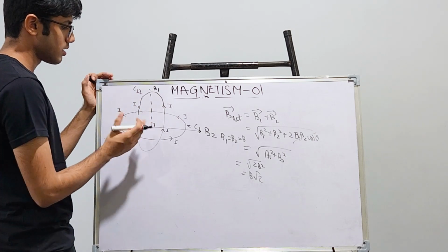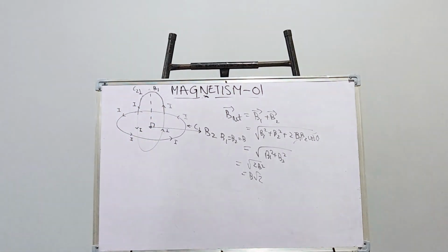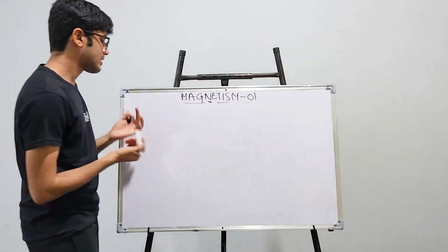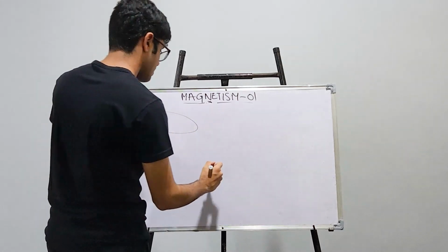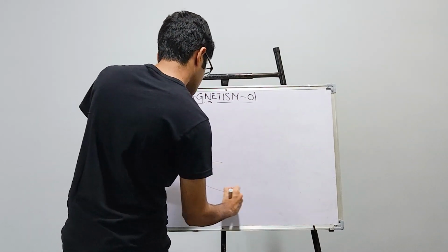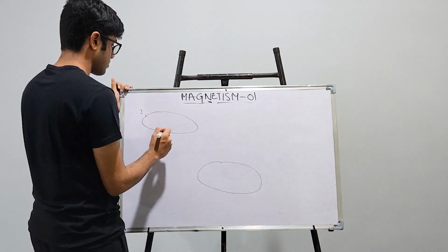of two coils with a concentric circle. The last application, again quite a similar one. This is a coil here, and let's say this is another coil here.